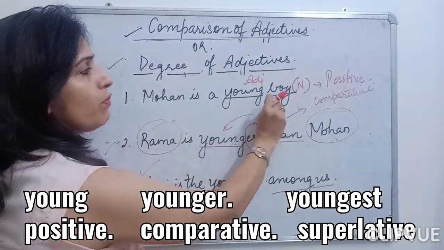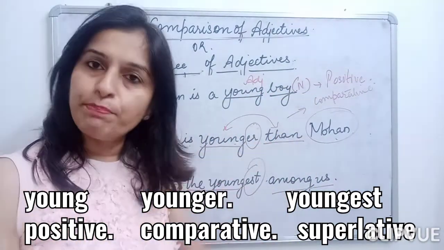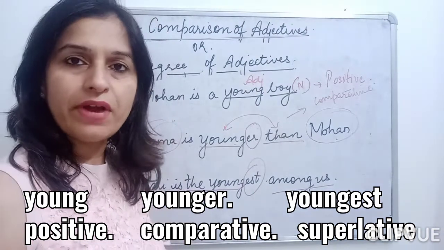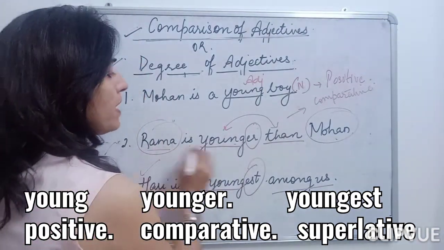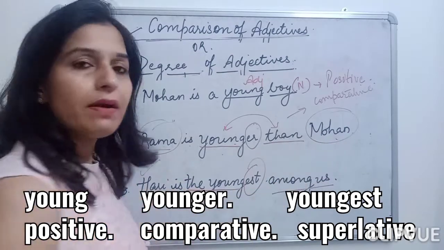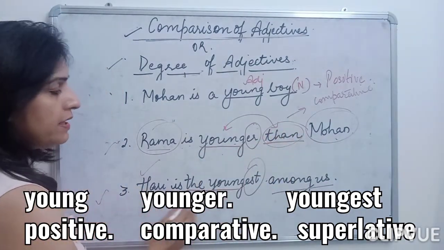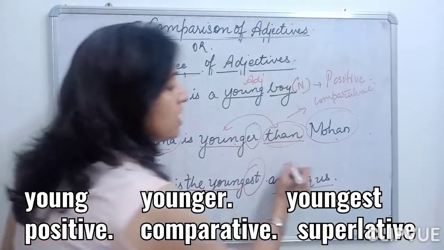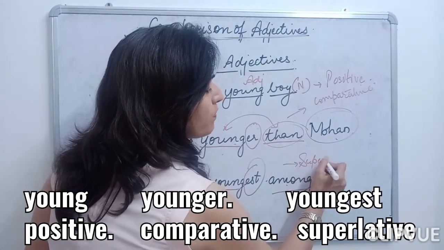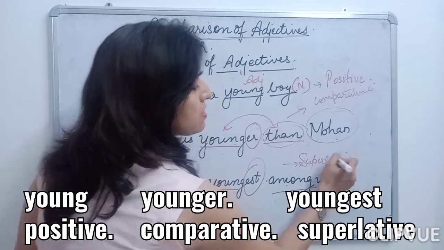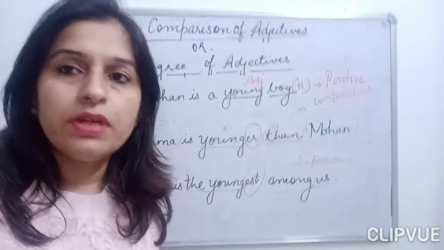Mohan is a young boy. Positive sentence means a simple statement, the simple form of the adjective we are talking about. Rama is younger. Okay, this is my comparative because I have compared here using than, and Hari is the youngest among us. So this is my superlative degree.